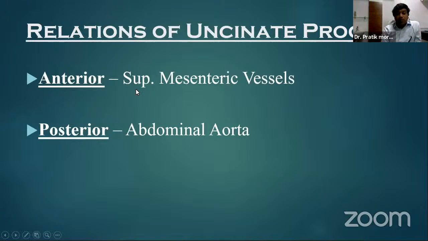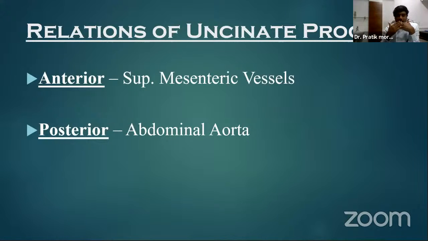The superior mesenteric vein is coming towards the neck, so it has to reach behind the neck of the pancreas. It comes in front, passes in front of the uncinate process, and then goes behind.